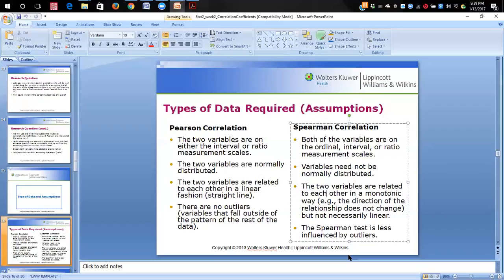That's why we always do scatter plots. We do histograms with normal curve distribution to have a visualization of the data. We also do QQ plots. Actually, I think I have not covered QQ plots in Statistics 1, but that is another visual representation of whether your data is normally distributed.